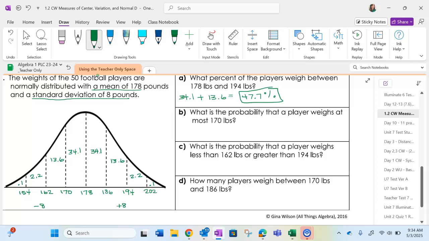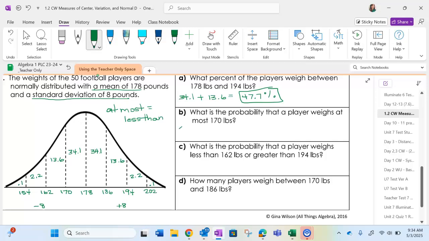What is the probability, or percent, that a player weighs at most 170 pounds? Well, we got to remember what at most means. At most, that means they can only weigh up to. Okay, so this means less than. Remember, if I told you could only take at most 2 cookies, it means you can't take any more, but you could take less.